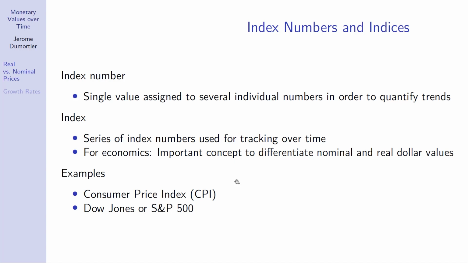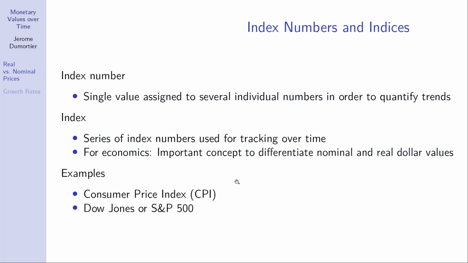You can consider that a single number summarizing the performance in individual classes. Now, an index is a series of index numbers used for tracking over time. Now, in economics, index numbers or indices are important in order to differentiate nominal from real dollar values.